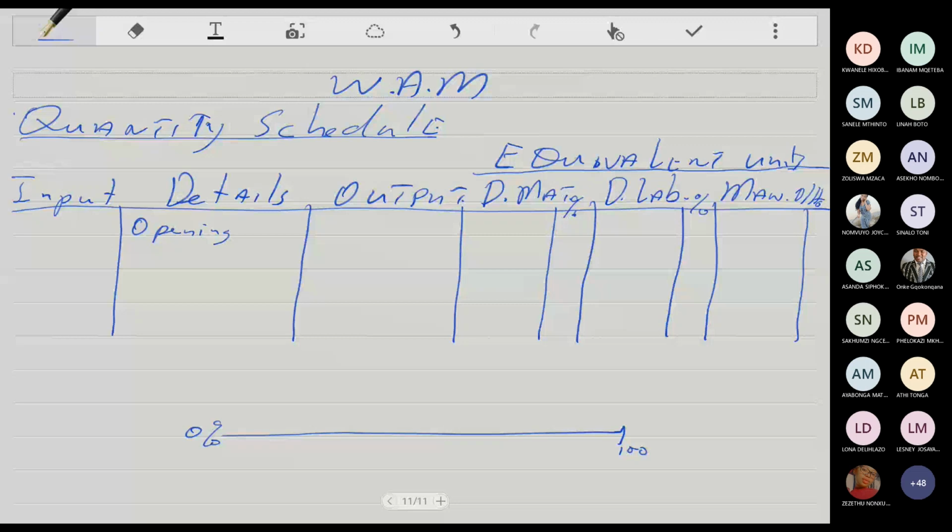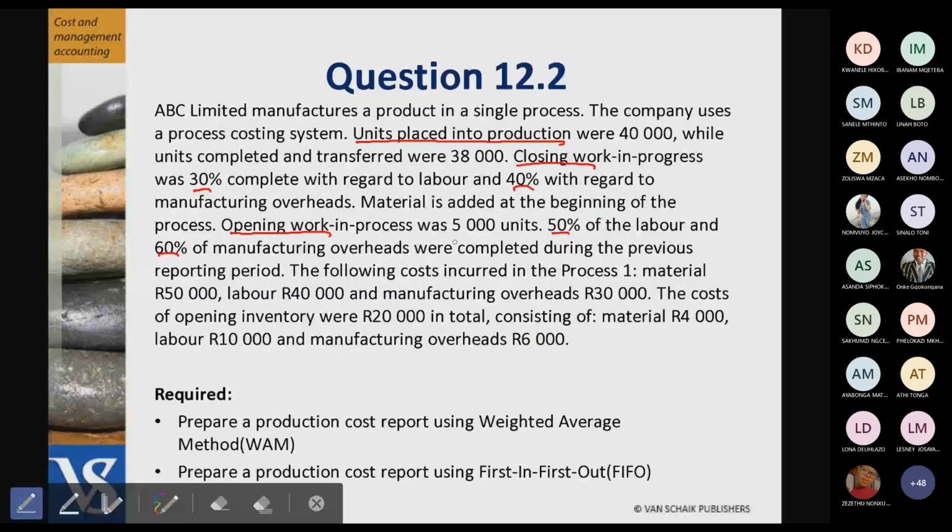So we do have the opening units here. If you look at your opening units, opening work in process was 5,000 units, sitting at 50% in respect of your labor and 60% in respect of your overheads. We'll try to place those units in our production line.